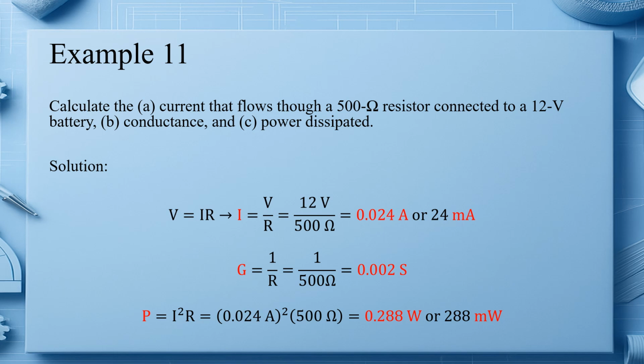The conductance is the inverse of the resistance, so we have 0.002 Siemens. For the power, we have 0.024 ampere squared times 500 ohms, which is 0.288 watts or 288 milliwatts.